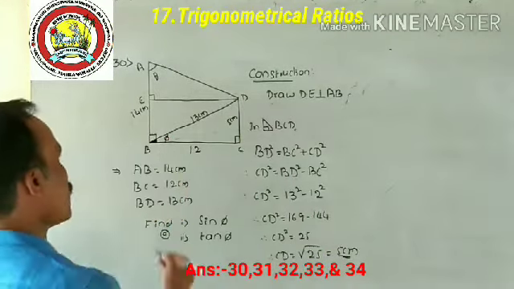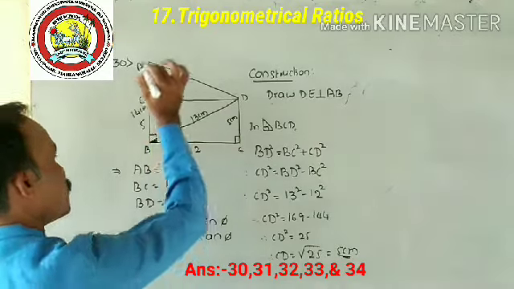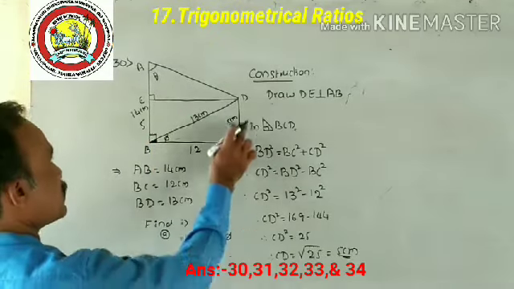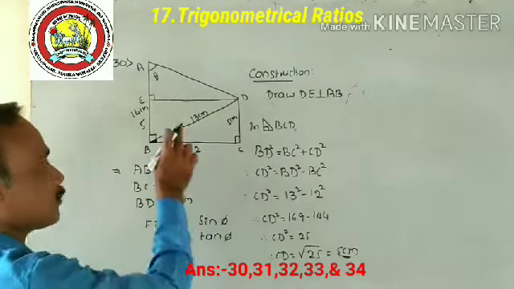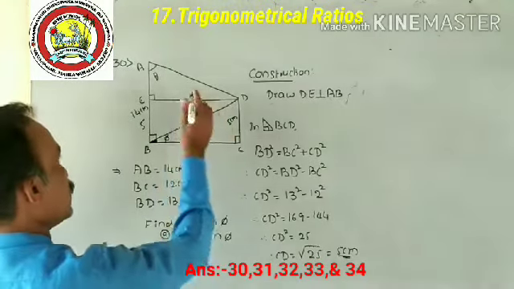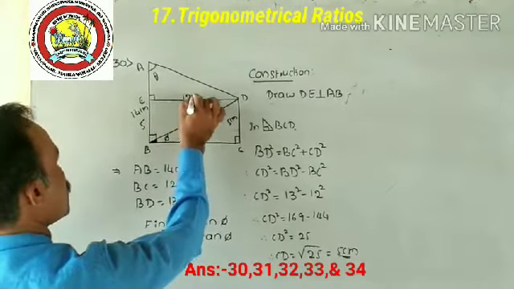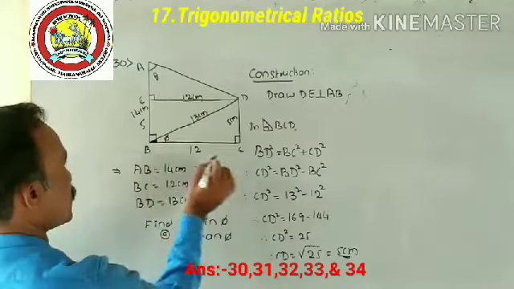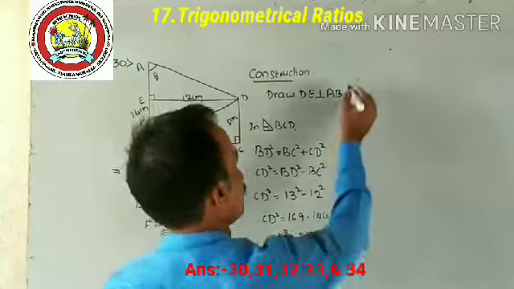If CD is equal to 5 centimeters, what about BE? It is also 5. Why? Because BCDE is a rectangle and opposite sides are equal. Even DE is equal to 12 centimeters, because DE is equal to BC.